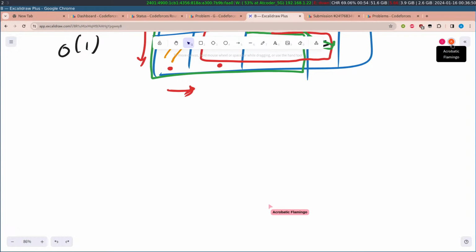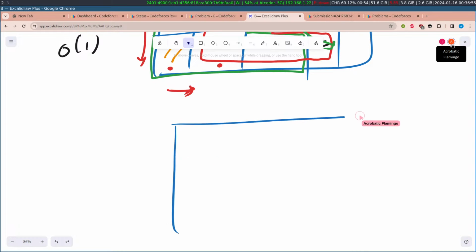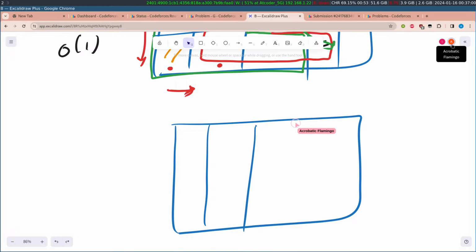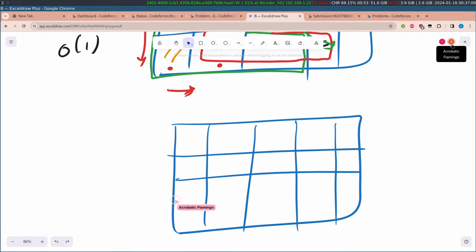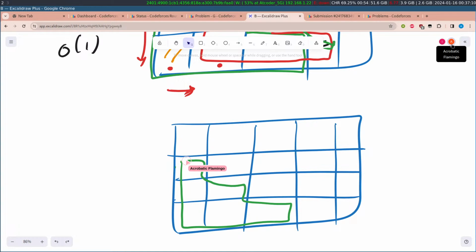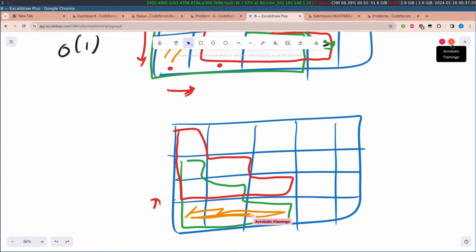Similarly, let's also analyze the case when we are moving left. This should be the initial blocks. And if you move one position up, the new range of blocks would be this. Here you are removing some of the boxes in a particular row and you are adding the points in a particular column.